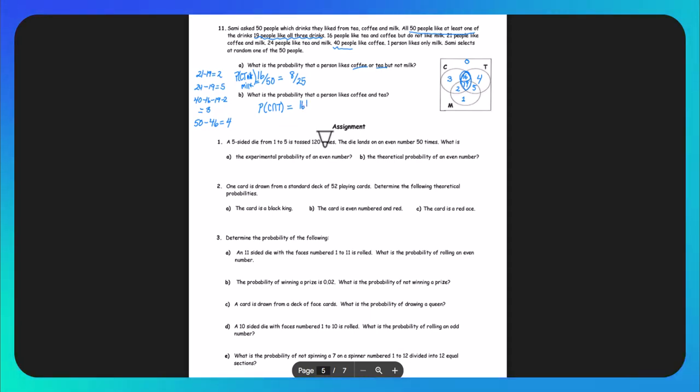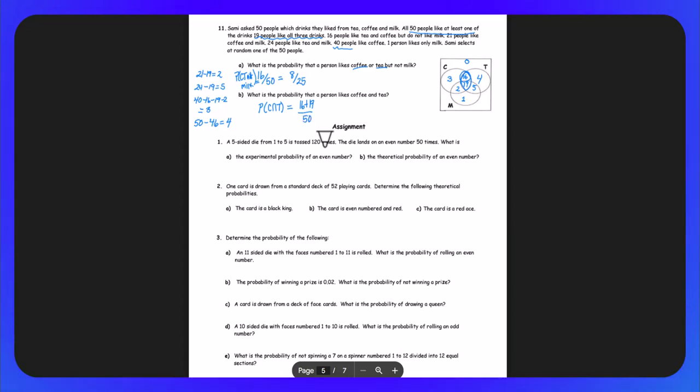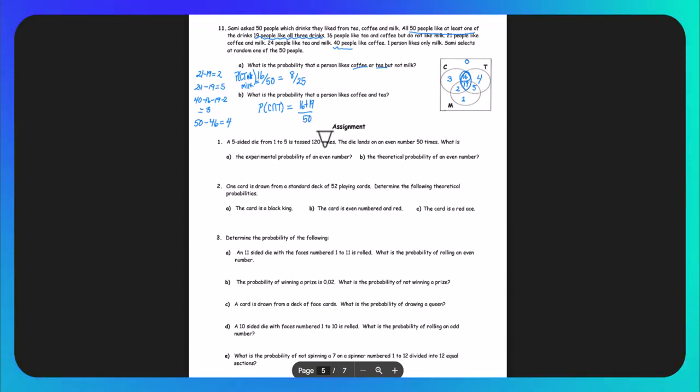That's going to be our numerator, all over the 50 people in class who were surveyed. And that's going to give us 35 over 50. Dividing the numerator and denominator by 5 is going to give us 7 over 10. And if we want to write it as a decimal, which we haven't done very much this video, it can be written as 0.7 to 1 decimal place.